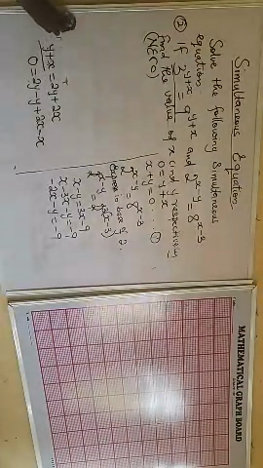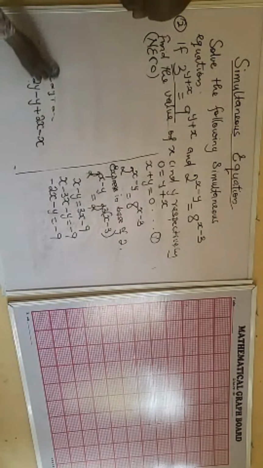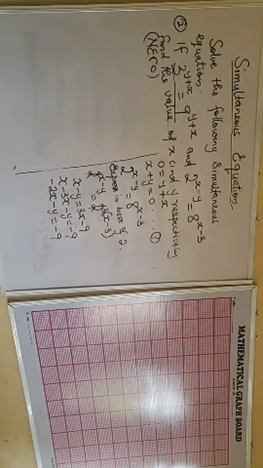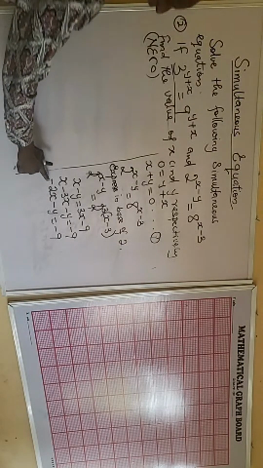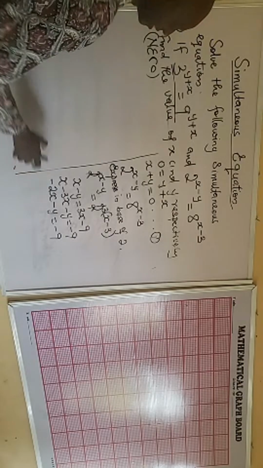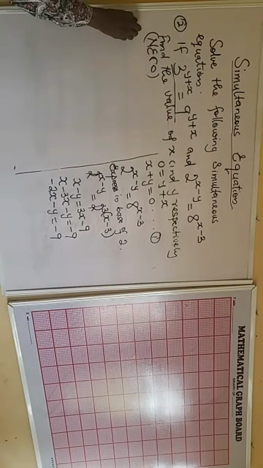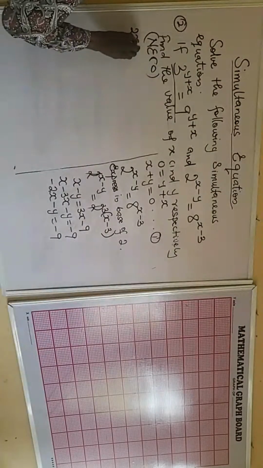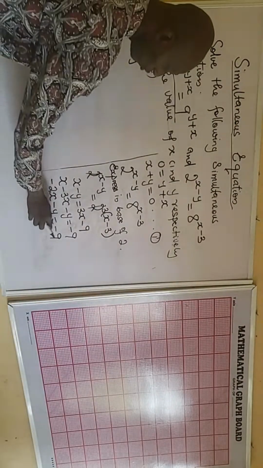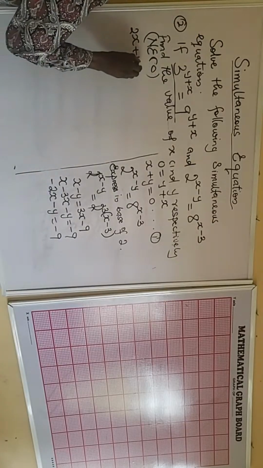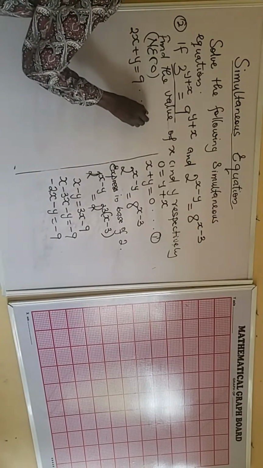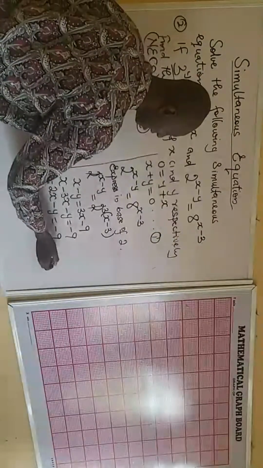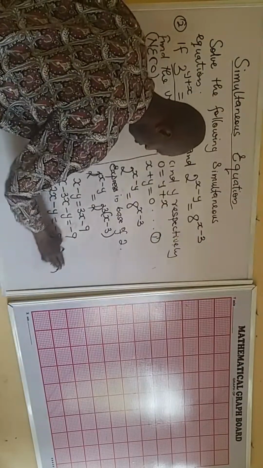Or you can say, I want to clear the negative value by multiplying by minus 1. So we use minus to multiply this. It will be 2x. When you use minus to multiply this, here will be plus y. You use minus to multiply this, it is equals to 9, equation 2. You can use this as your equation 2 if you wish to.